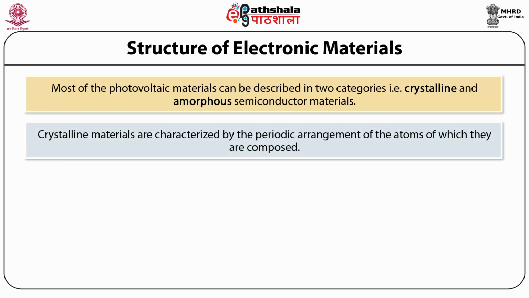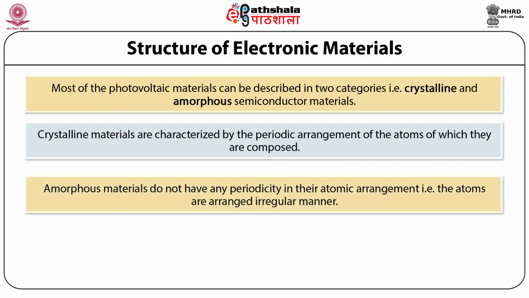Crystalline materials are characterized by the periodic arrangement of the atoms of which they are composed. Amorphous materials do not have any periodicity in their atomic arrangement, that is, the atoms are arranged in an irregular manner.